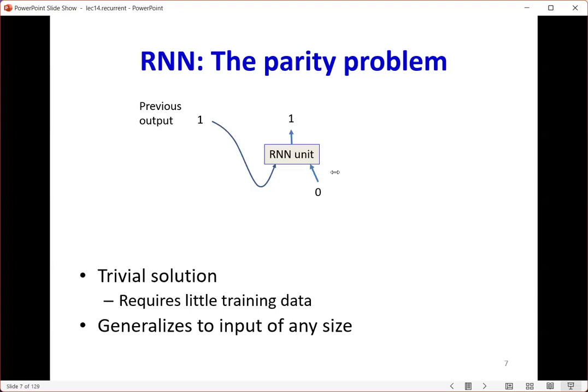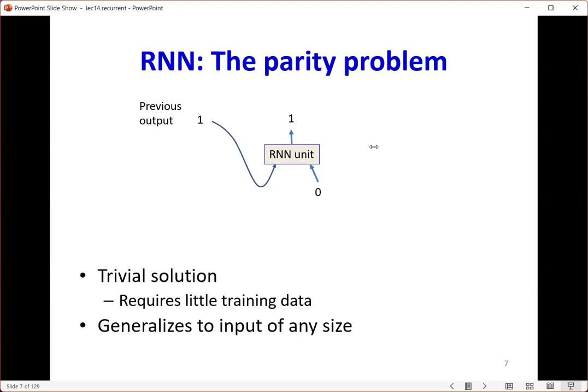So there are 4 possible combinations. That's all I need to know. If the previous output is 1, and the current input is 0, I haven't changed the number of ones, so the output remains a 1. If the previous output is a 0, then if the input is a 0, the output remains the same. If the input is a 1, it has to flip. So there are only 4 possible combinations.